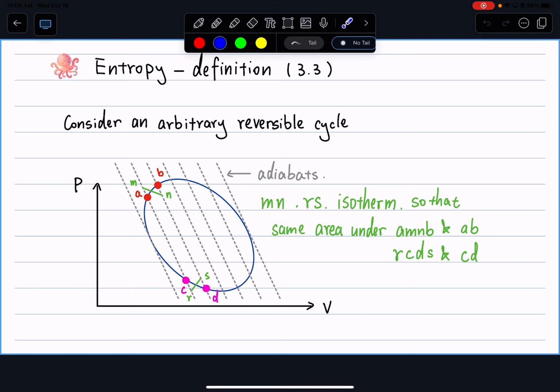Right, so QAM equals 0, so this process equals 0. That's how you get QMN. That gives you the QAB here. And likewise, you can apply the same logic to the bottom part of the curve to get QCD equals QRS.